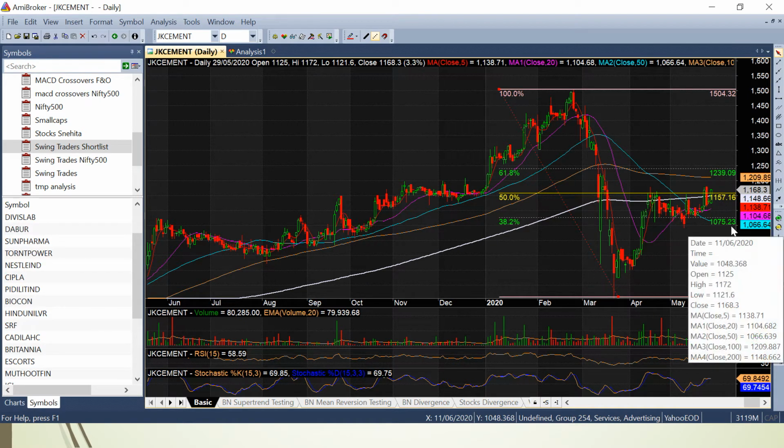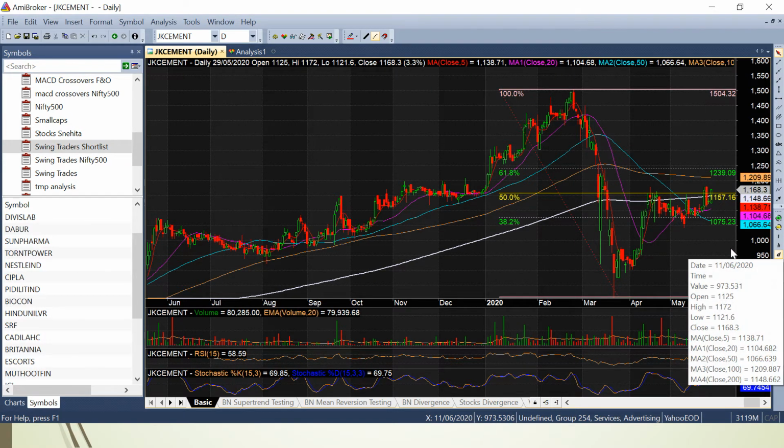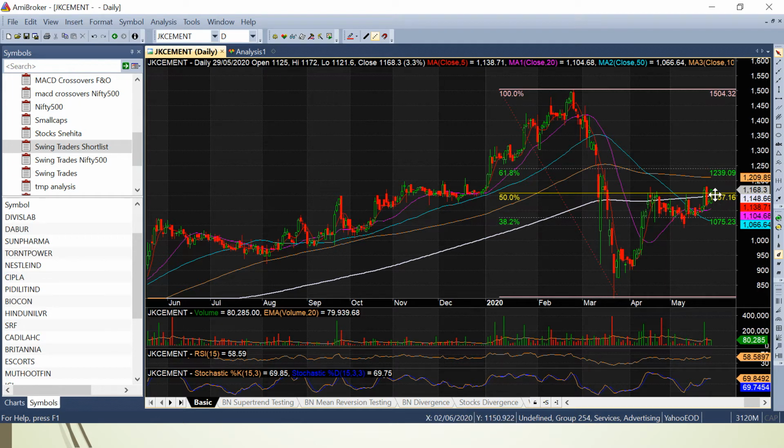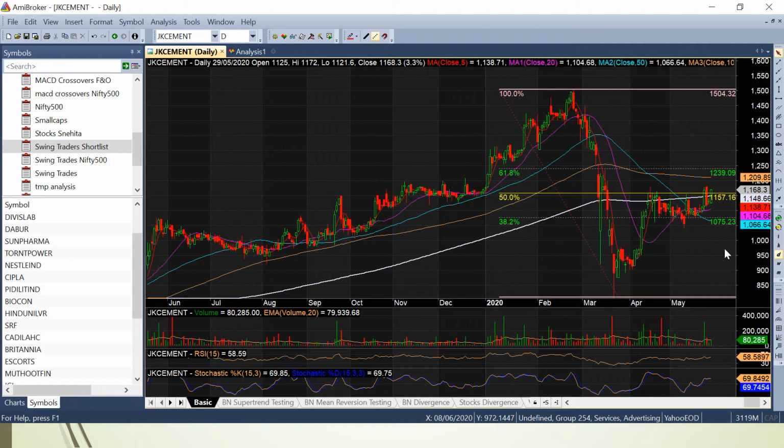Respecting that, let's say I am buying JK Cement. One of my stock recommendations right now is to buy JK Cement, right? So if I am buying JK Cement right now, I would expect this 61.8% level and then finally the 100% level as my resistance points.